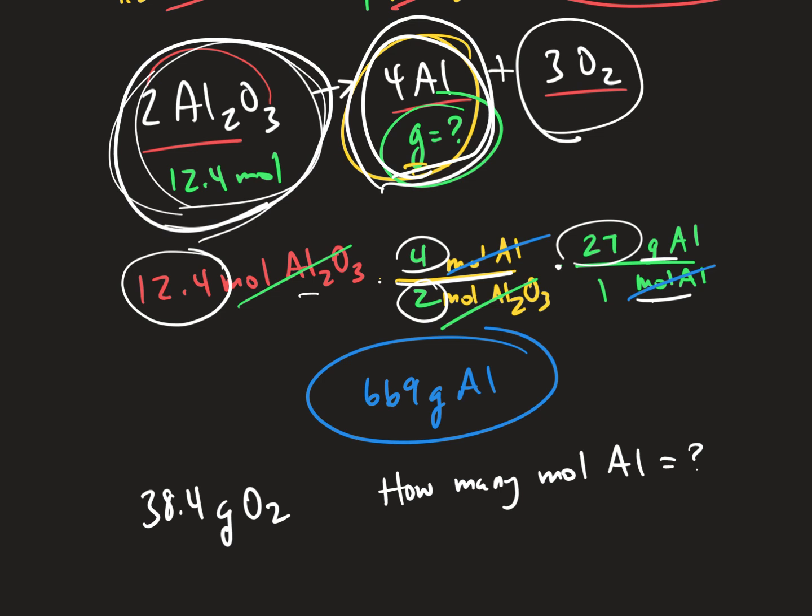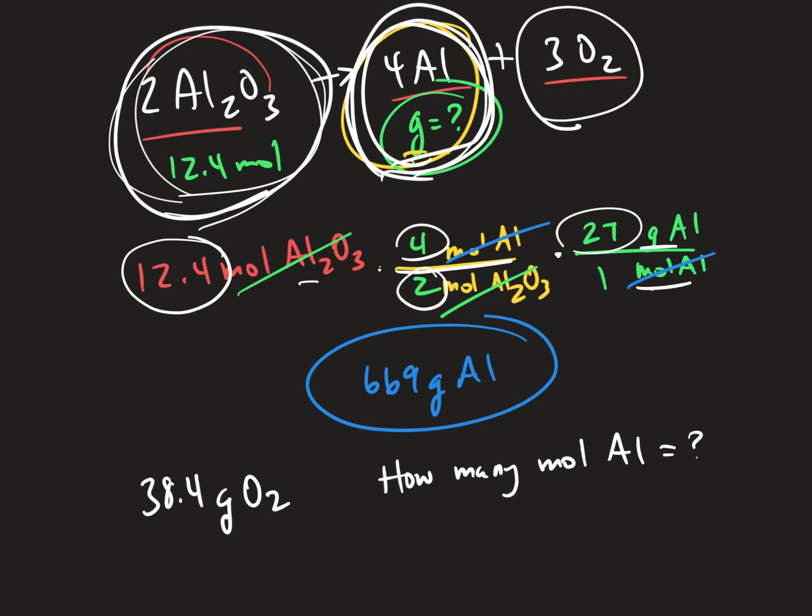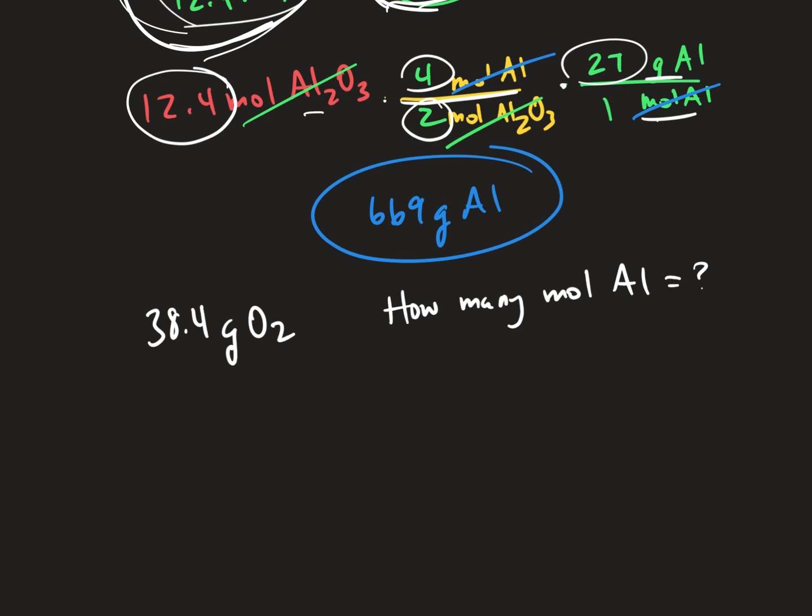But in this problem, we're converting to another one of our products. We could do any one that we need in our same balanced equation, okay? So in this case, we're going from grams of oxygen to moles of aluminum.